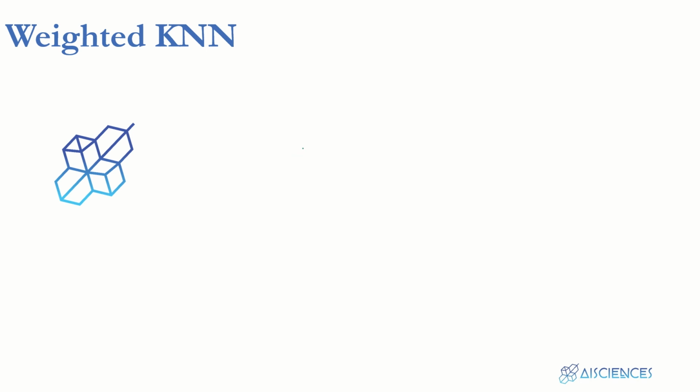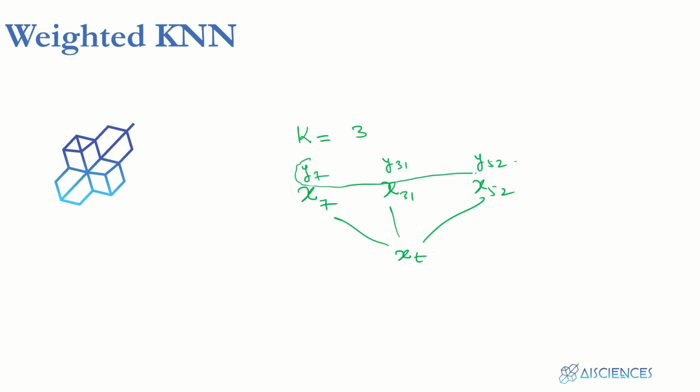So far, what we have seen is that if you have K neighbors, for example k is equal to 3, and let's say you have 3 neighbors x7, x31, and x52 of this particular point, and they have their outputs y7, y31, and y52. Then, whether you are doing classification or regression, you're giving the same weight to all the outputs.